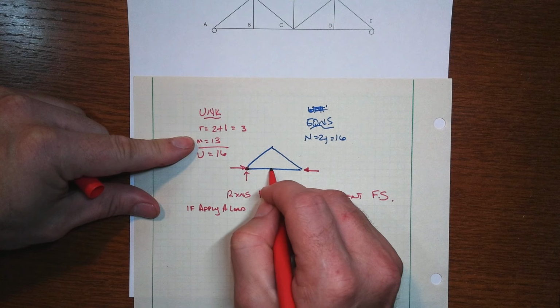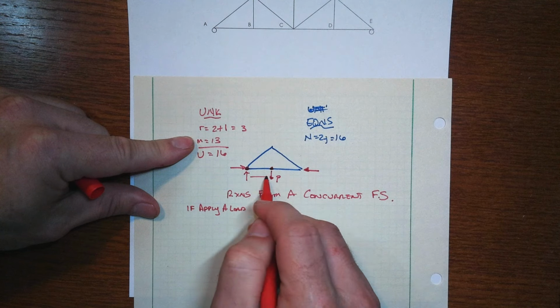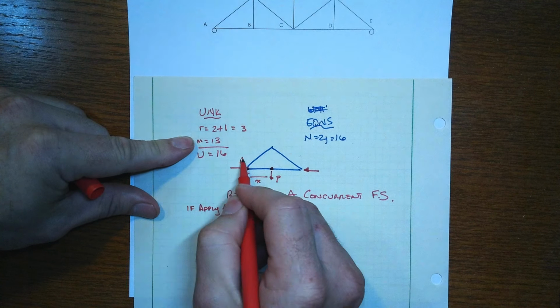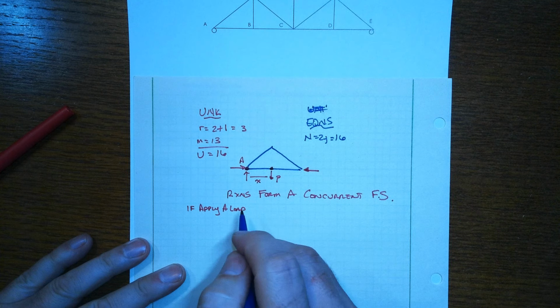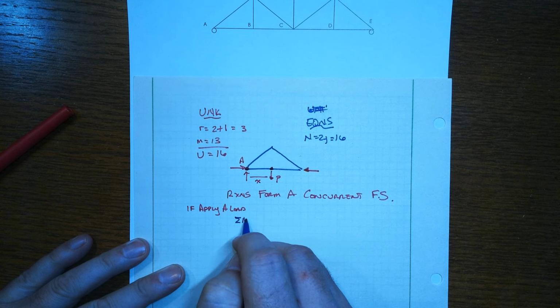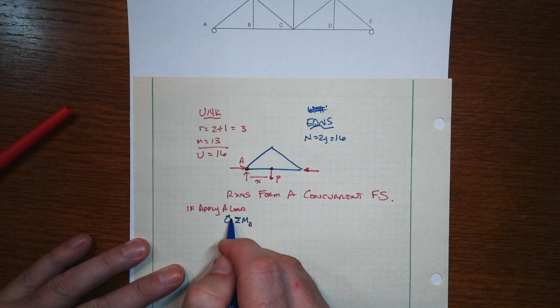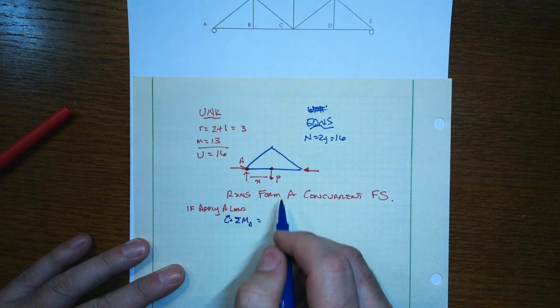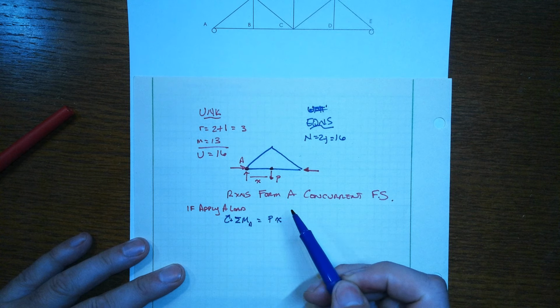Let's say it's at this bottom chord joint, that's P, at some distance away from the left support, let's call that A. Write an equilibrium equation, and look what happens here. Sum moments about point A, let's take clockwise positive, and we get P times X, but the problem is that's the only thing in there that has a non-zero moment arm.